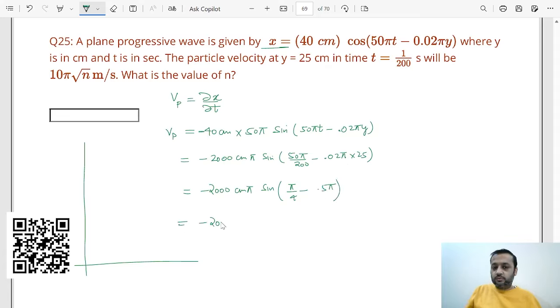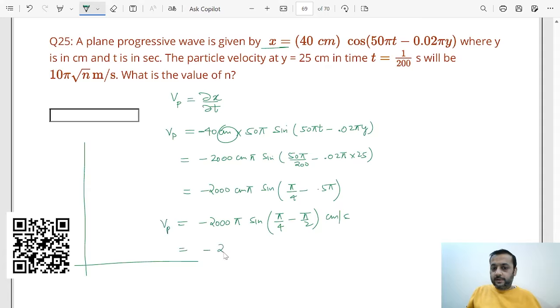So this becomes minus 2000π sin of (π/4 − π/2), that is, sin of minus π/4. Centimeter per second, remember, because here this was in centimeter. So this is the velocity of the particle.